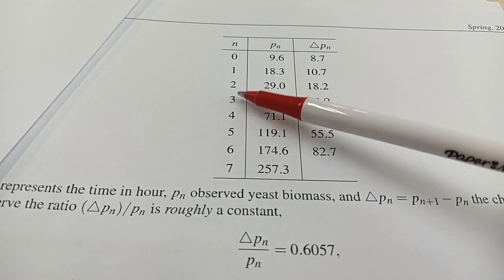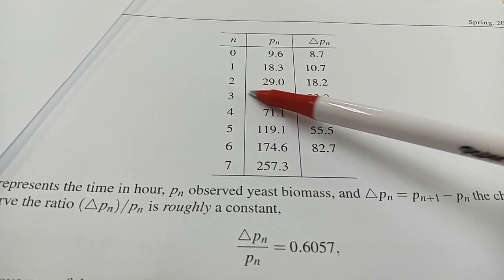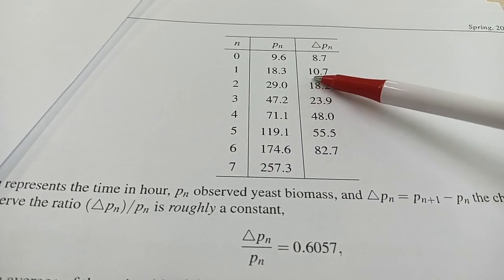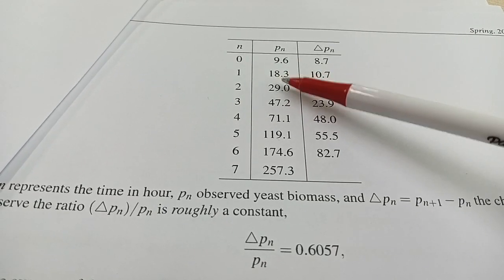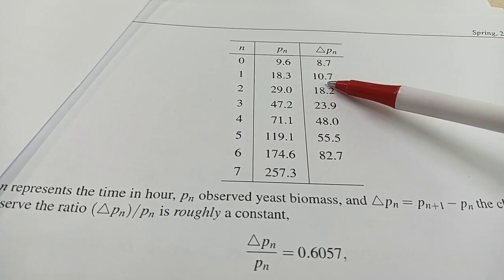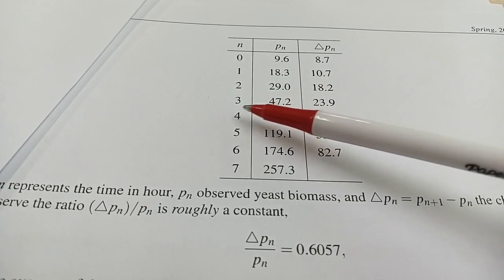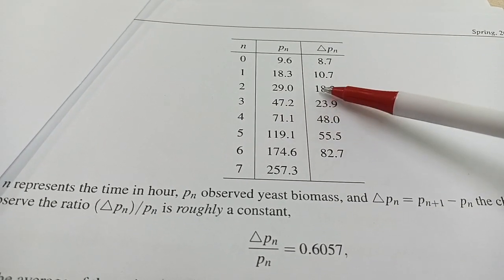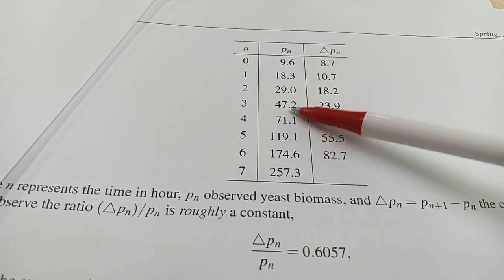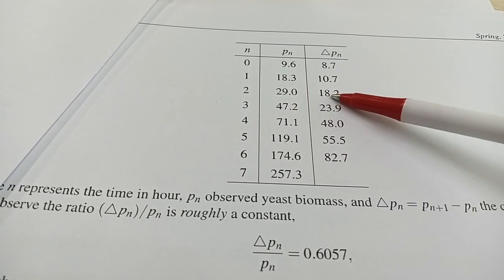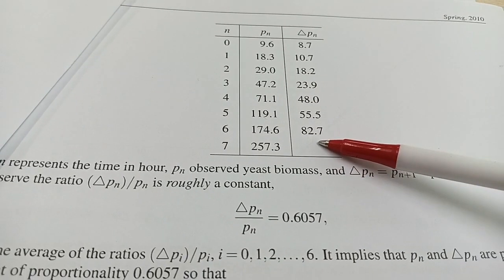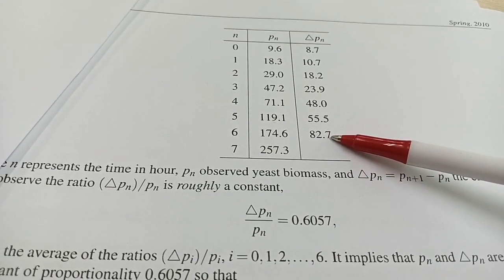Then at 2 hours, the growth measured is 29, and the change is 29 minus 18.3, given by 10.7. In 3 hours, the growth becomes 47.2, and the change is 47.2 minus 29, which is 18.2. So this is how we measure and note the data in the form of the table given here.